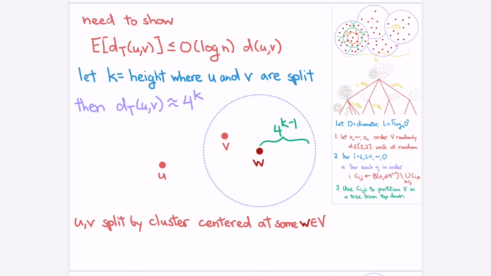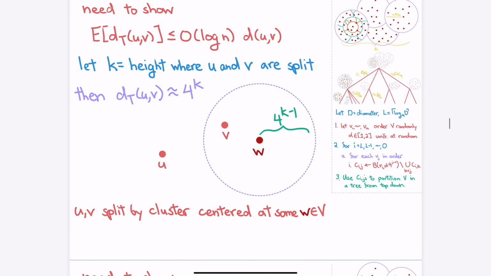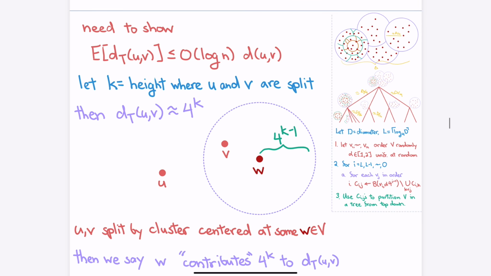It's kind of unbelievable that it works. So U and V are split by a cluster centered at some vertex W for some particular radius. In that case, if the radius was, say, 4 to the k minus 1, the diameter was 4 to the k, we'll say that W contributes 4 to the k to the tree distance.